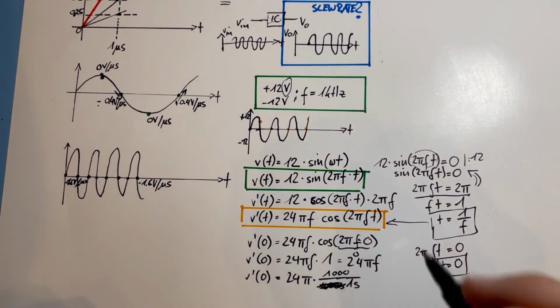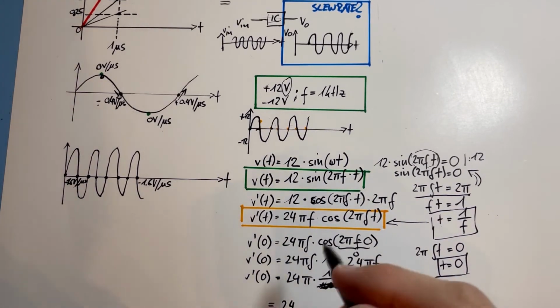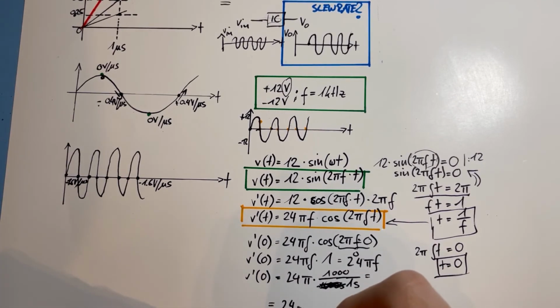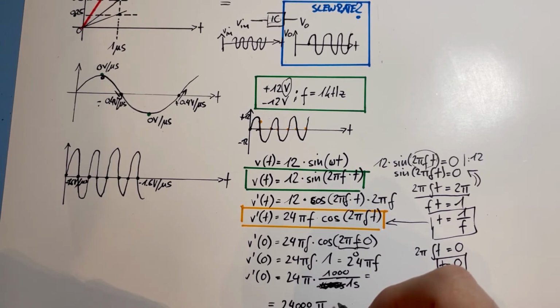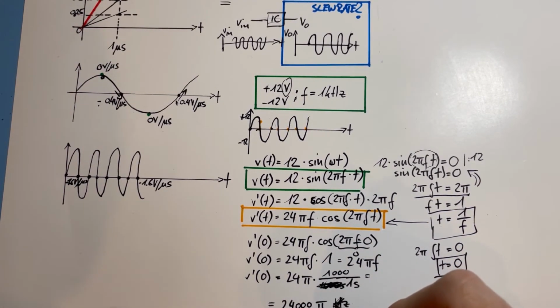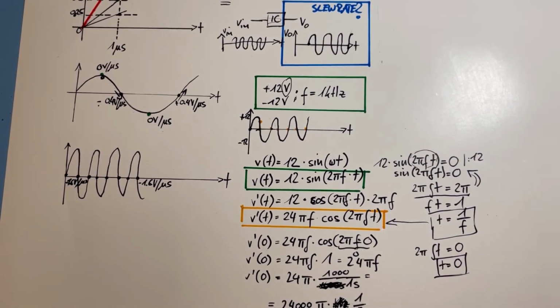That is 1 kilohertz. So if we calculate that further, that just equals 24,000 pi, and then 1 over 1 second is hertz. But we stay with the 1 per second. Times 1 per second, and 24,000 times pi. What is that?